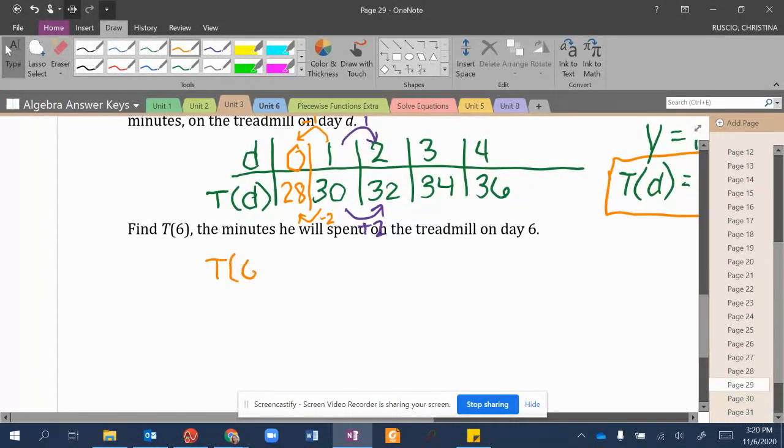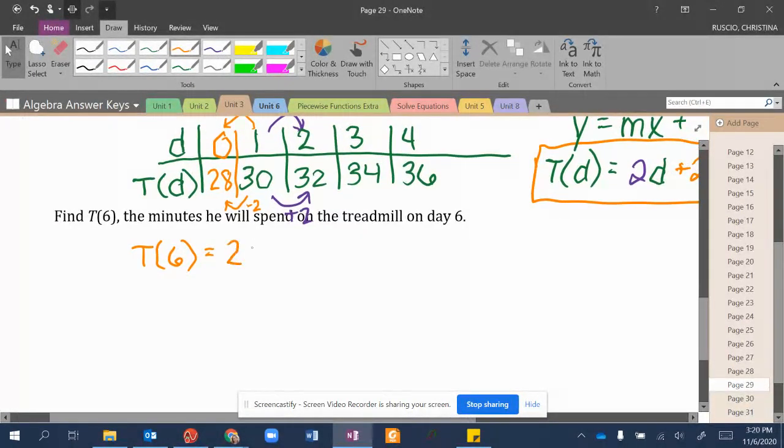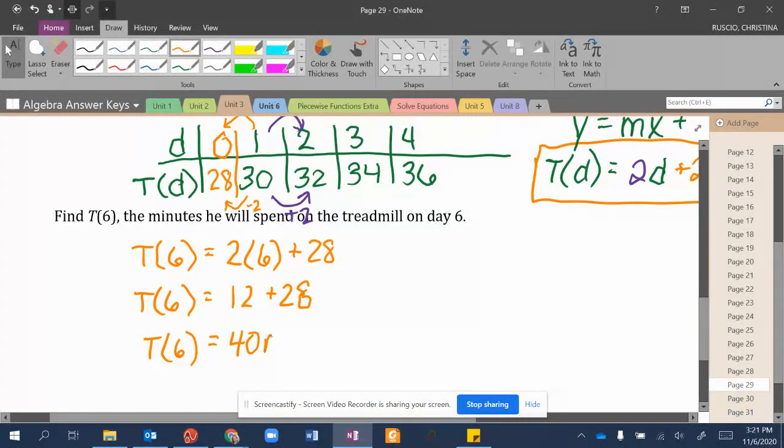So let's use our equation. t of 6 is equal to 2 times 6 plus 28. So t of 6 is going to equal 12 plus 28, which is 40 minutes.